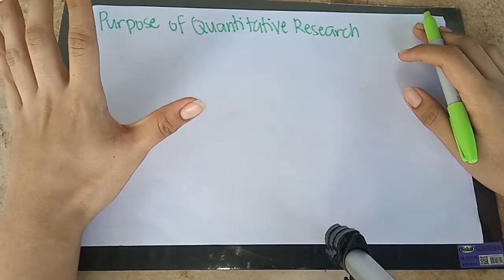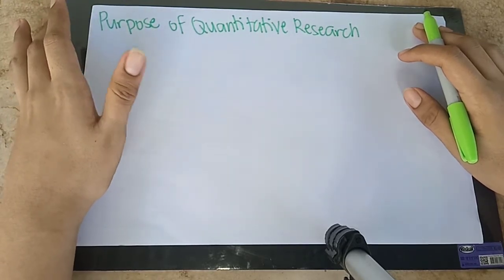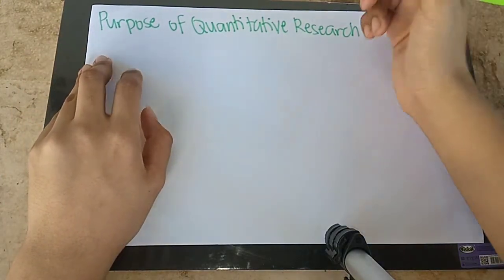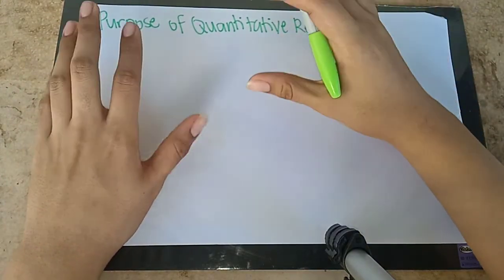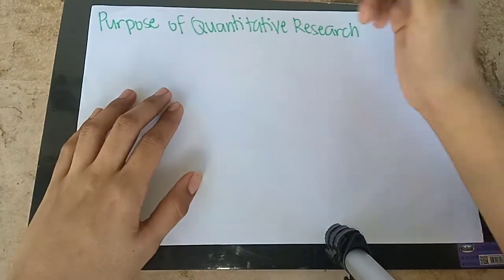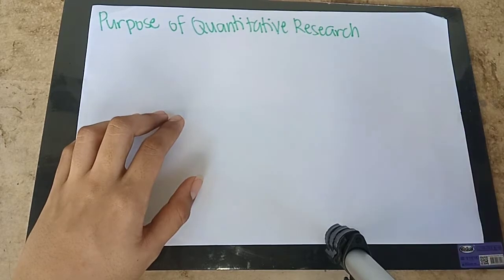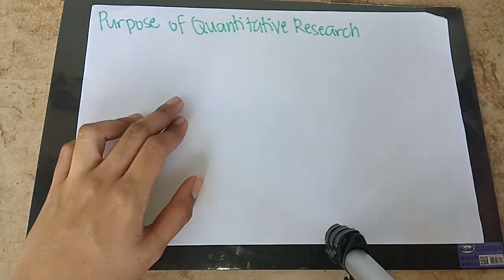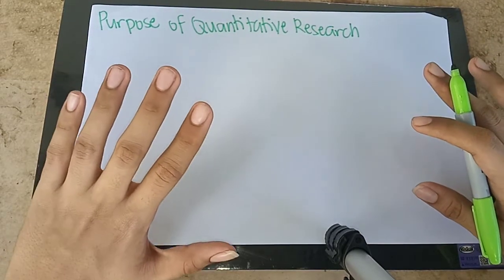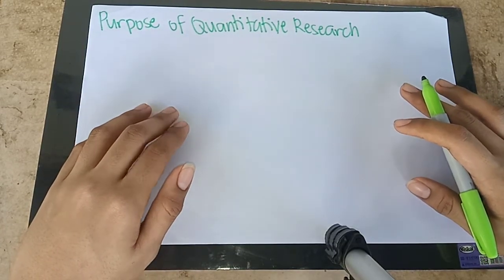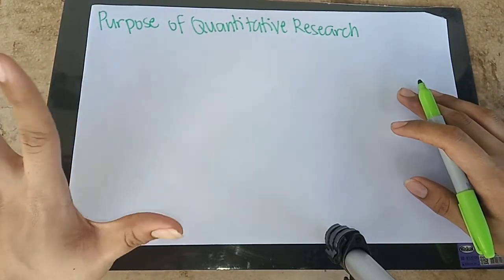Why is there a need to conduct quantitative researches? The application of quantitative research is very vital in our everyday survival, because without quantitative research, we will not have the different knowledges that we apply in our day-to-day basis or in our daily lives.